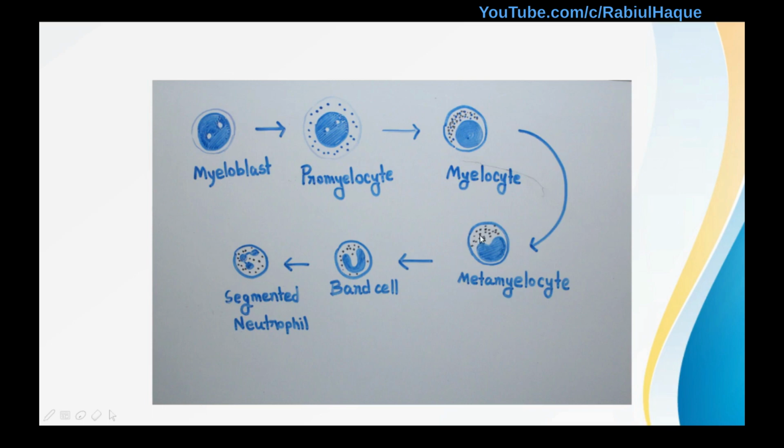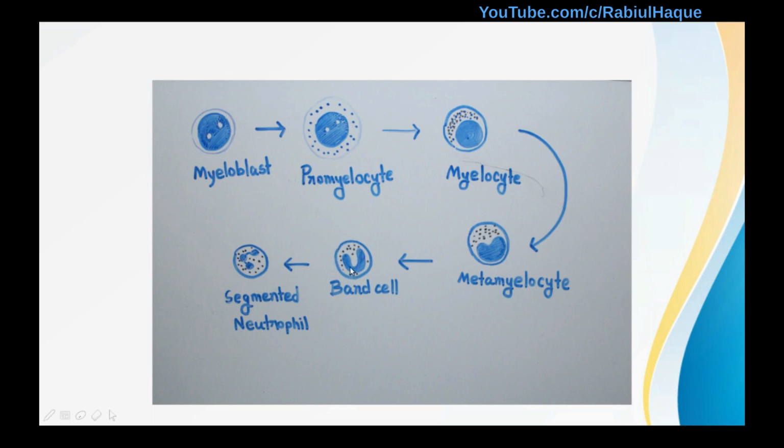We can see that the nucleus is kidney shaped or indented, and another identifying feature is that in the cytoplasm it will have both primary as well as secondary granules, just like its previous cell, the myelocyte.